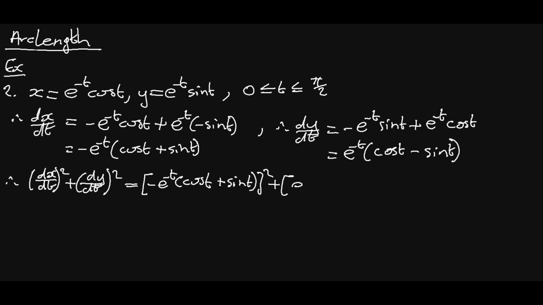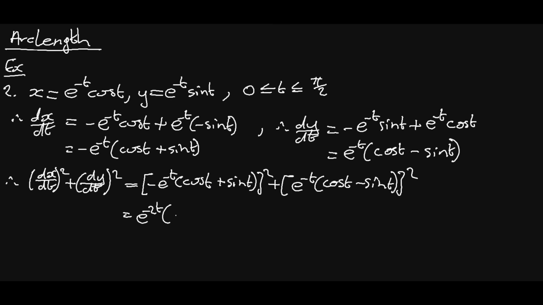Therefore, it's e raised to minus t times (cos t minus sine t), 1 power 2. Okay, so we apply the power 2 and see what you get. So minus will be gone. The exponent will take e raised to minus 2t. So we have a cos and a sine, all the rest to power 2 in that bracket.